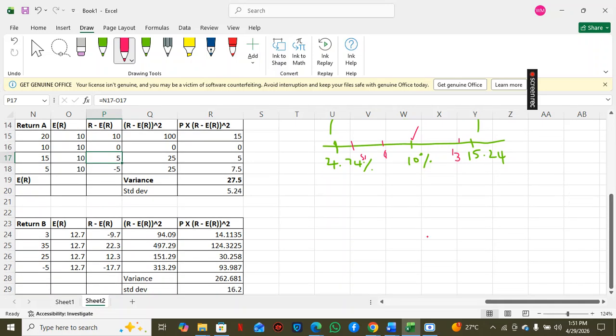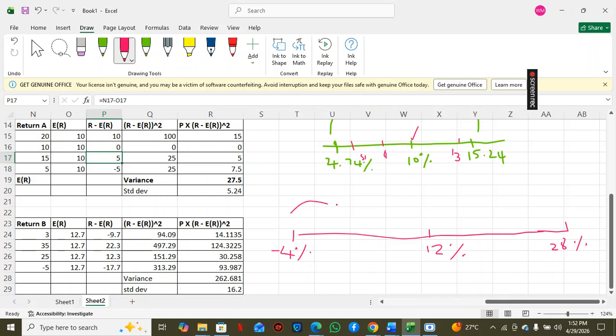Now for company B, average return is 12%. Standard deviation is 16%. So you can just say, okay, to the right hand side, 16 plus 12%, that's like 28%. 12% minus 16%, you get negative 4%.